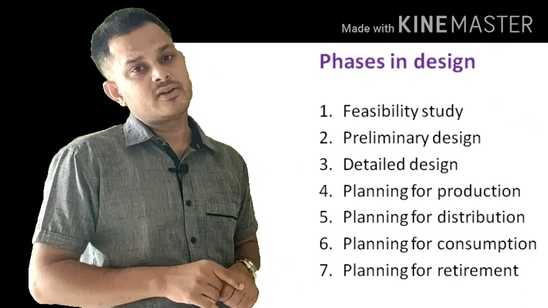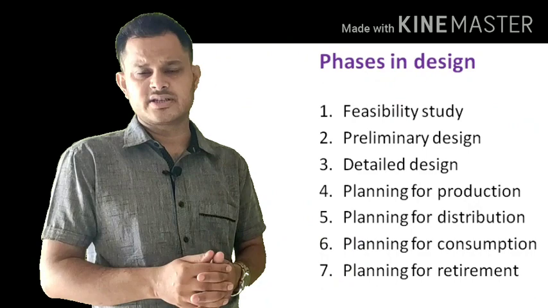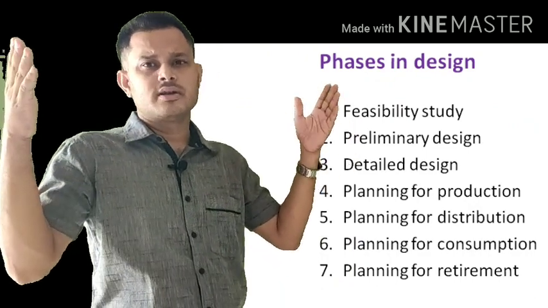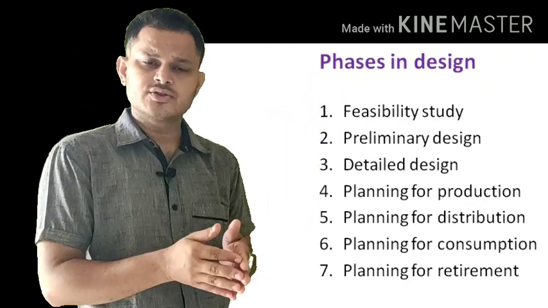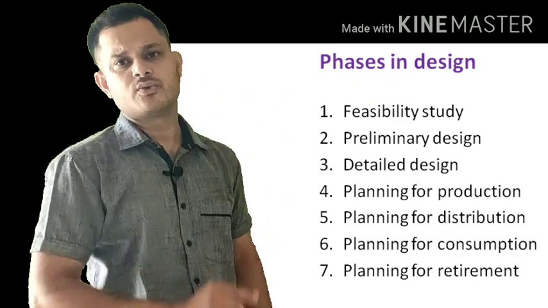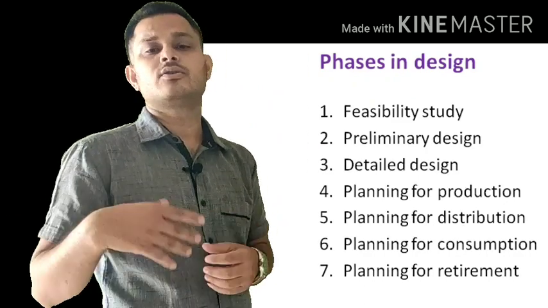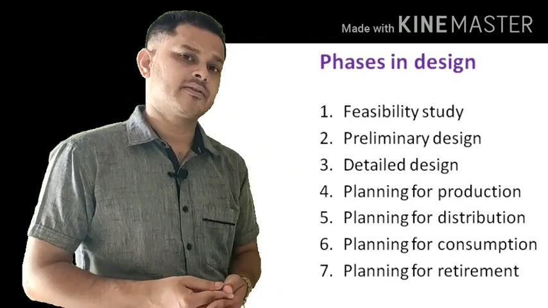In the preliminary design, all the rough solutions are considered, and then a design engineer starts narrowing down the different solutions, and he goes for one fixed solution, and that fixed solution is then studied for detailed design.